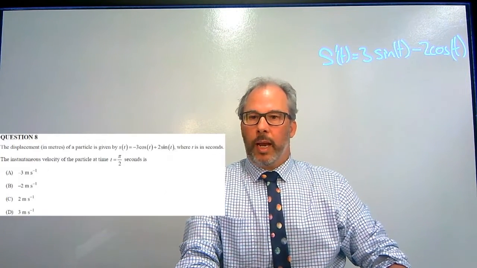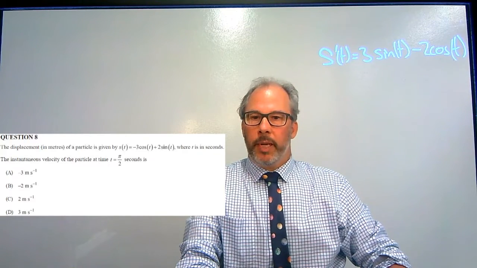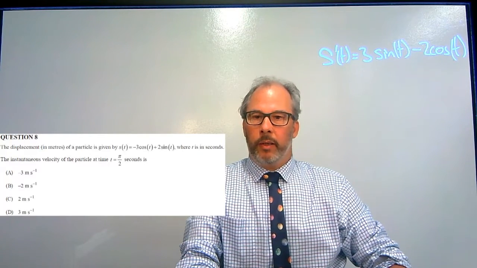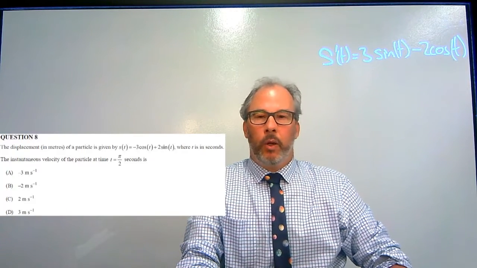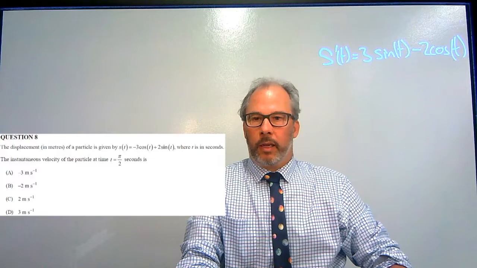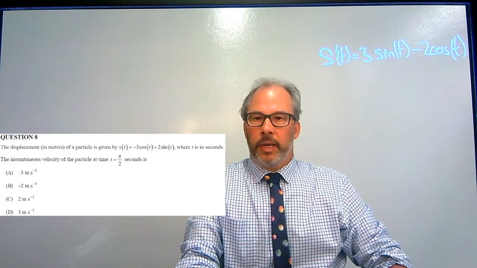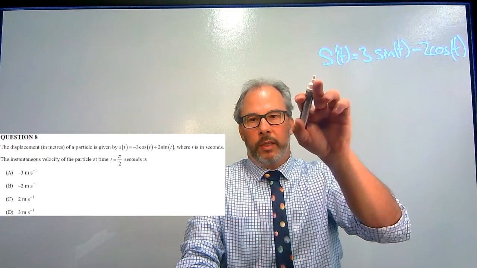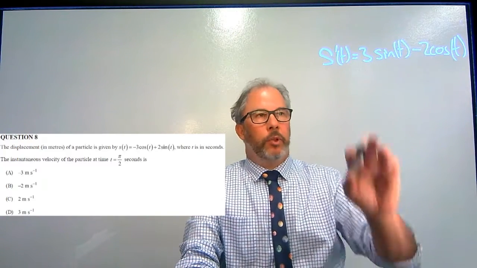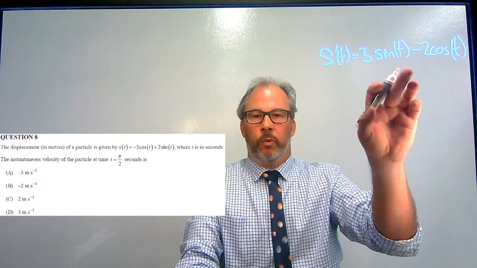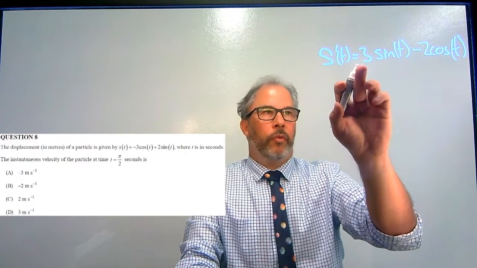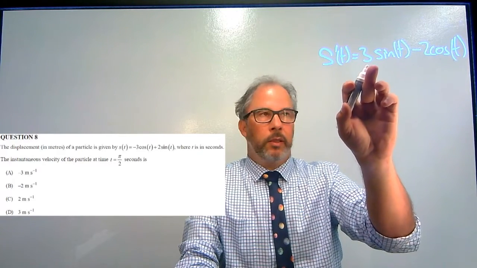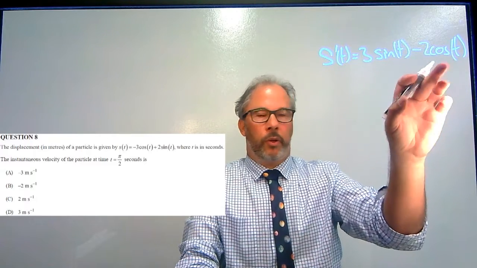Okay, question 8, the displacement in meters of a particle is given by s of t equals negative 3 cos t plus 2 sin t, where t is in seconds. The instantaneous velocity, so velocity, we're going to have derivative of the displacement function. I've worked that out: 3 sine t minus 2 cos t.